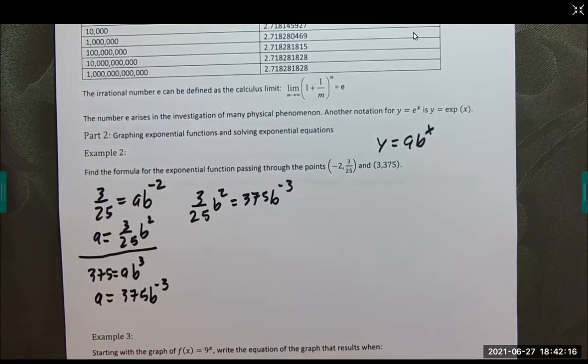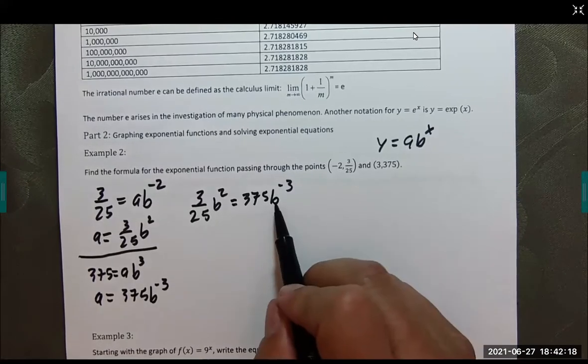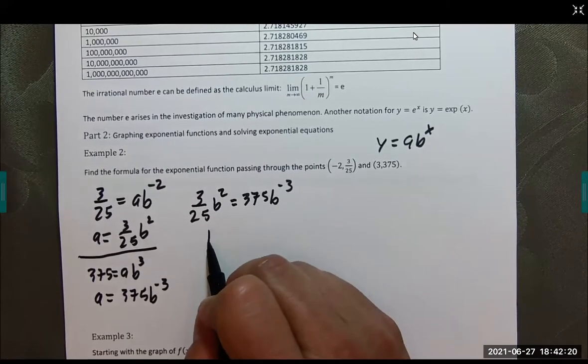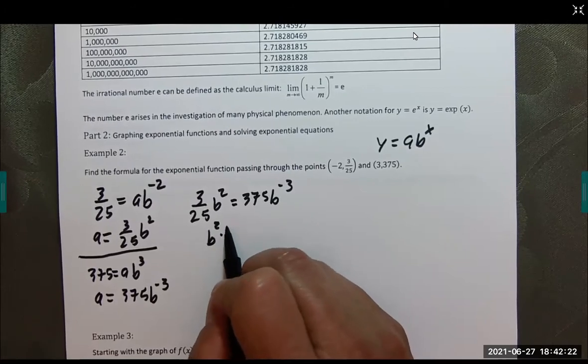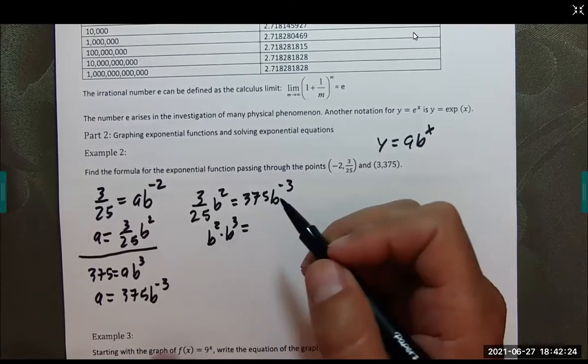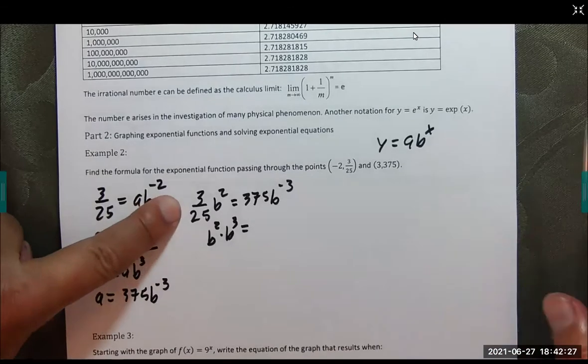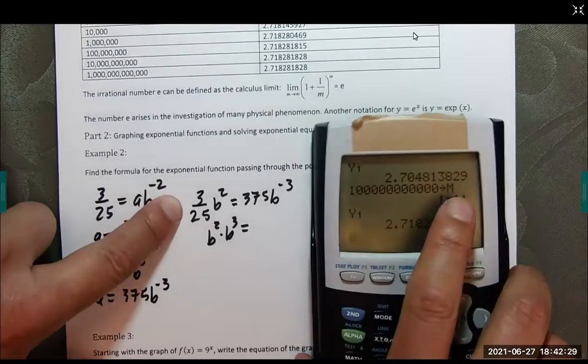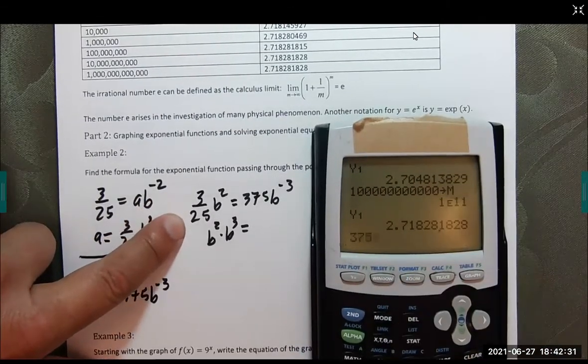And I'm actually going to multiply both sides by b to the 3rd. So I get b squared times b to the 3rd, and multiply that by the reciprocal of that. So let's do that real quick. So 375 times 25 divided by 3.